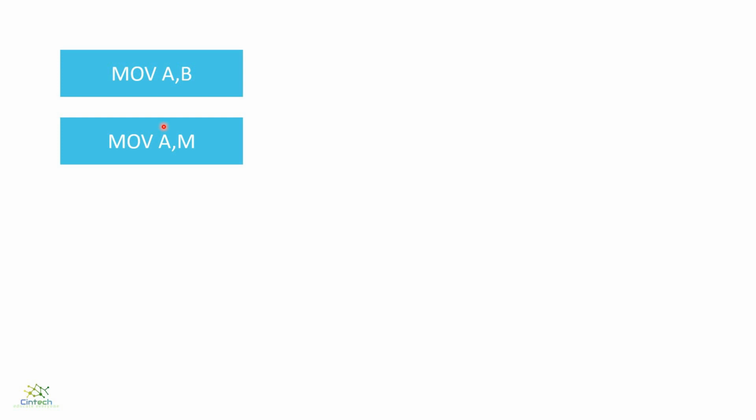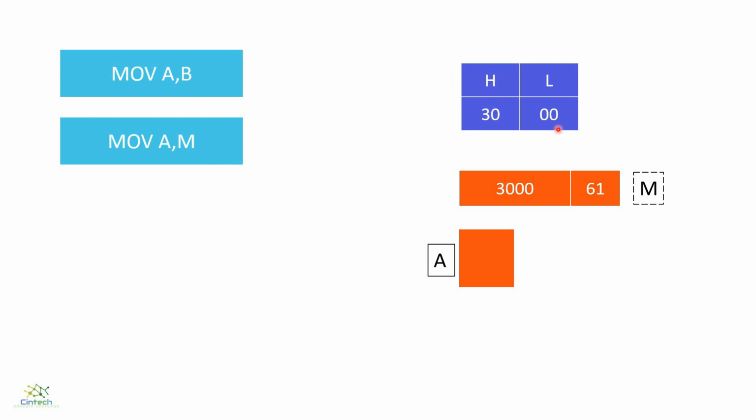Always remember that whenever the 8085 MPU comes across an instruction where M is present in the operand, it first goes to the HL pair and finds out what it is storing. Let's say the HL pair is storing the value of 3000 hex presently. So the MPU goes to location 3000 in the memory and sees whatever content it is holding.